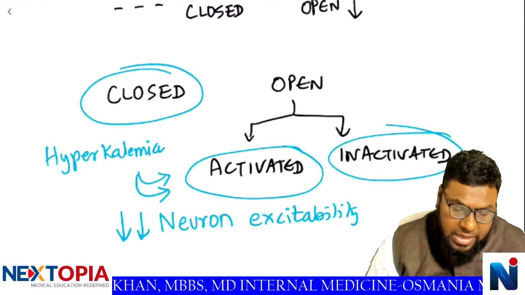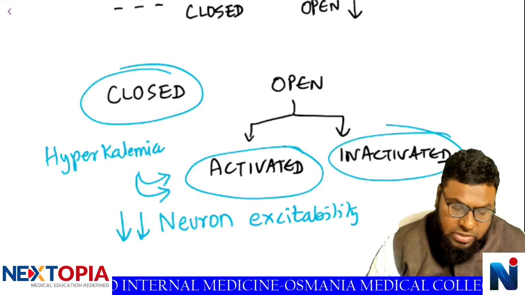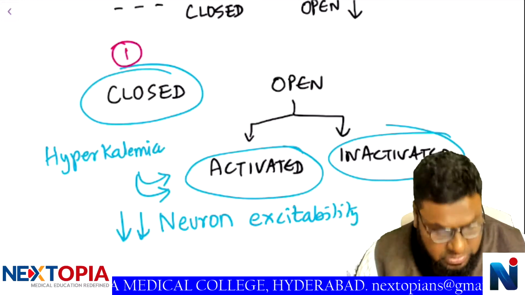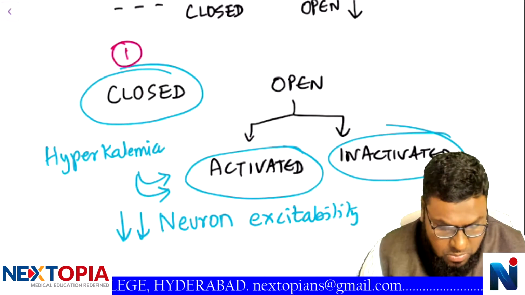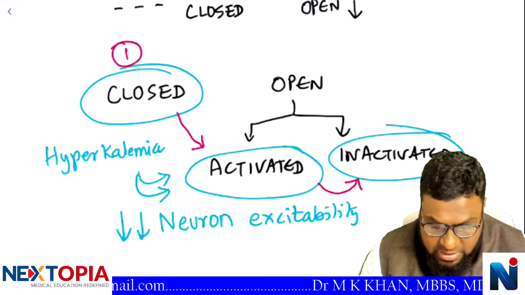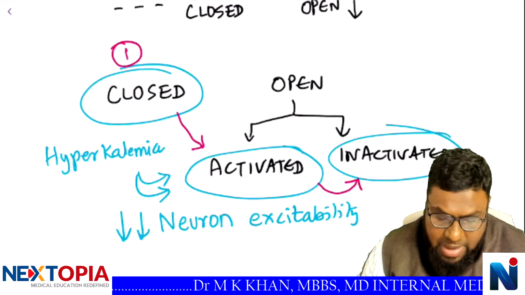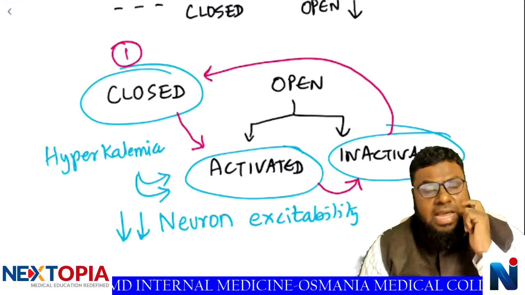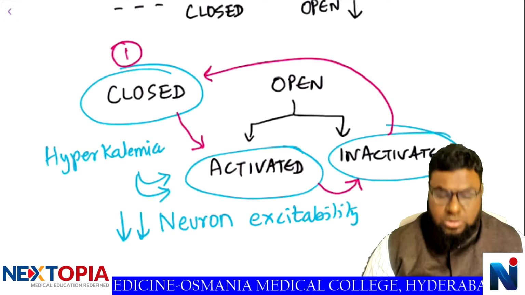I can show you a flow chart here. The first step is closed. From closed it becomes activated open. From activated open it becomes inactivated open. From inactivated open it goes back to the closed state.